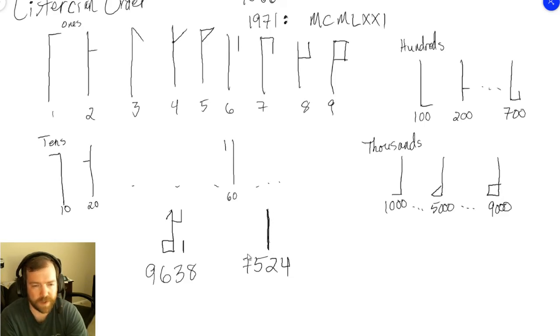Alright, so 7,524 would be similarly 7 on the bottom left for thousands. 500 would be the bottom right, and 5 is the sort of foot slash flag going that way. 20 is the top left, 2 is down here, and 4 is at the top right, and it goes that way.